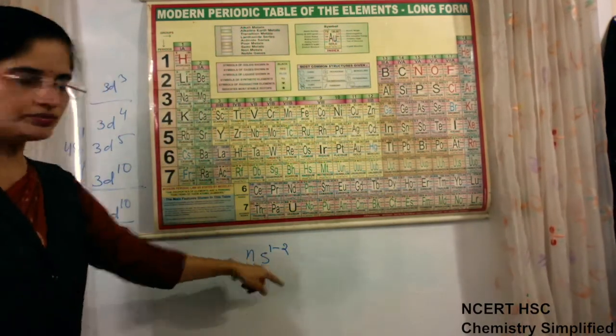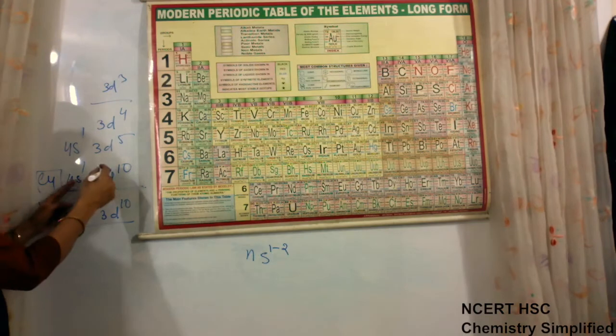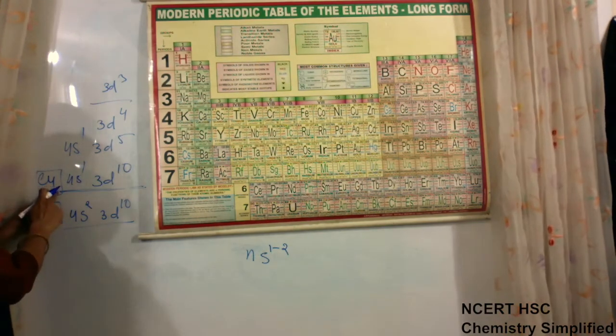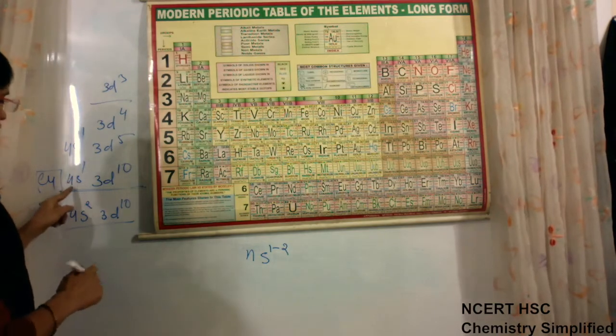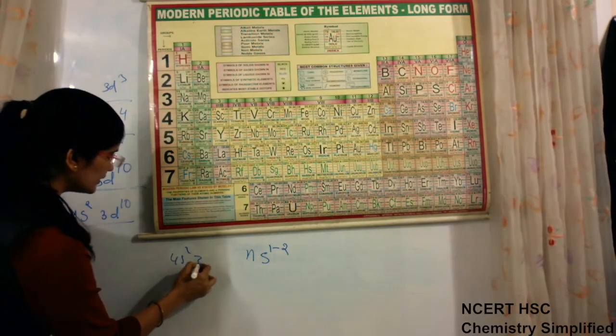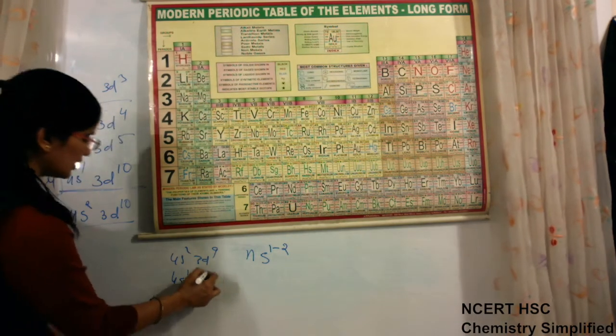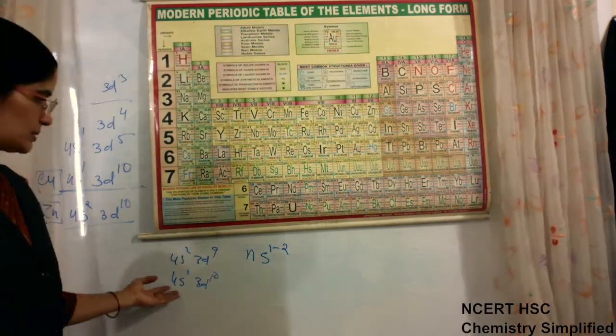Why 1 to 2? Because sometimes when we have stable oxidation state, this 2 becomes 1, as it has become in case of copper. That copper should be 4s2 and 3d9, but actually copper is 4s1 3d10. So both types of possibilities are there.